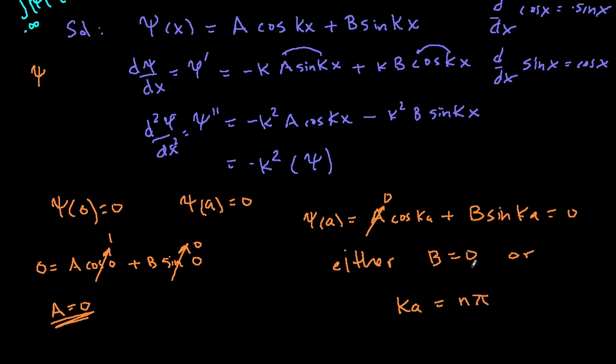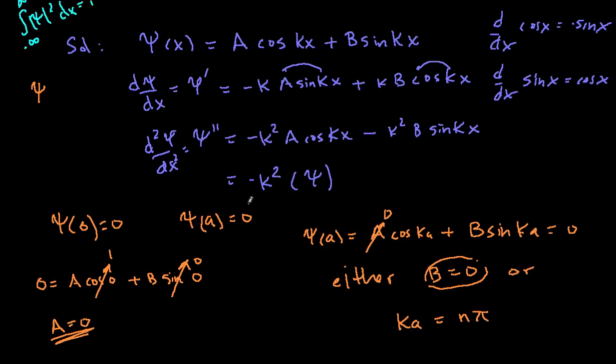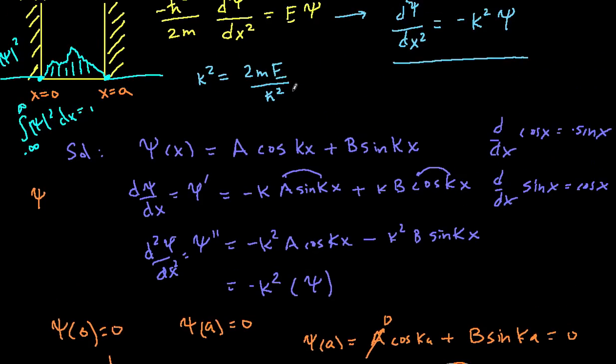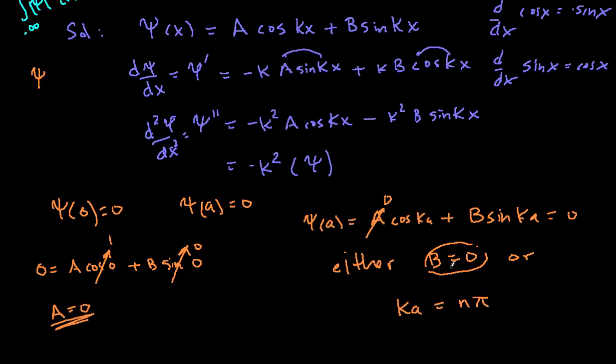Well, let's go back to this solution. If B is equal to 0, then we're left with psi is always 0. So that satisfies the differential equation, but the reality is that it doesn't represent a physical reality, because that means that the wave function is always 0, and our requirement is that for something to be physical, it has to actually have a probability of being somewhere, and namely the probability of the particle being somewhere, over all space, has to equal 1, whereas if you had this solution, the probability of finding the particle is 0, so it's not even a physical solution.